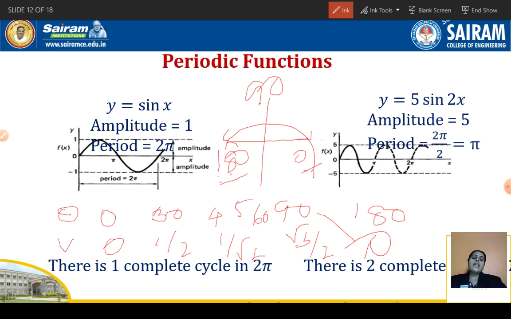So now, if you continue, 180 degree plus 30, then 180 degree plus 45, 180 degree plus 60 and 180 degree plus 90, these values, whatever we have tabulated, will repeat. So when we look at the first set of values, it starts from 0 and the maximum value is 1. The maximum value of a sine wave amplitude is 1.